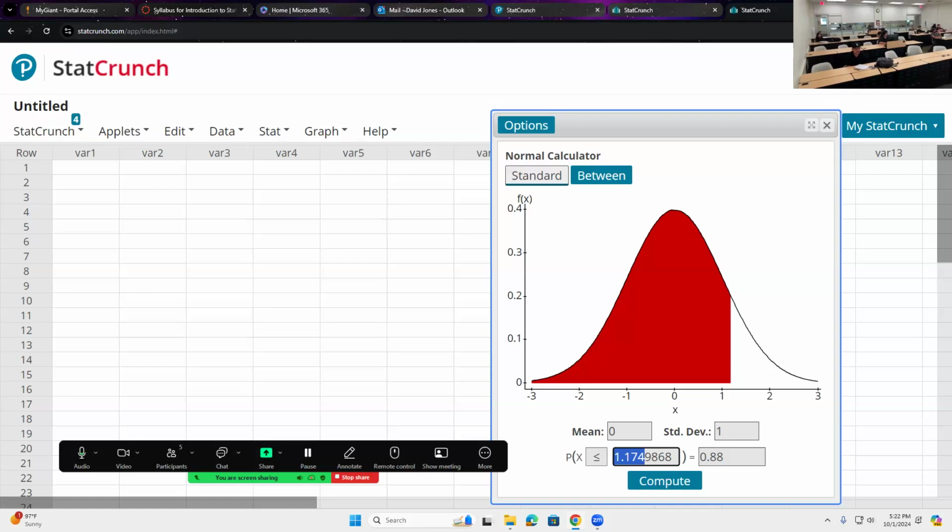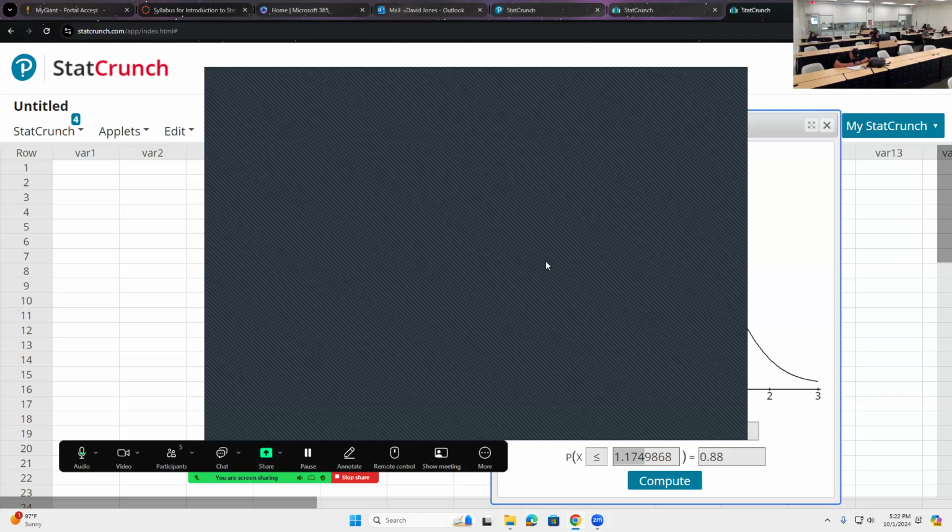So the Z-score to 3 decimal places would be 1.175. Alright, switch back. I wish this was easier than having to try to do it on both at the same time.